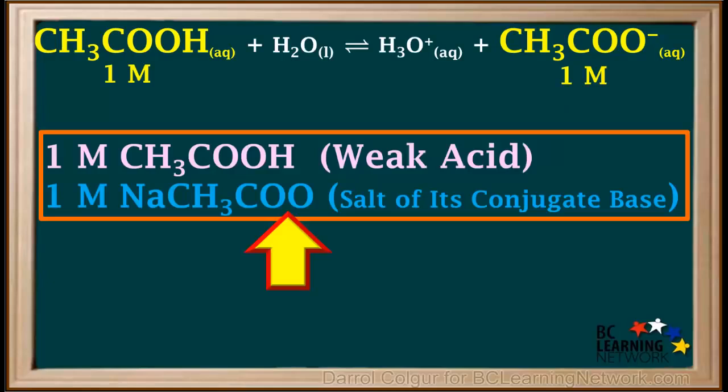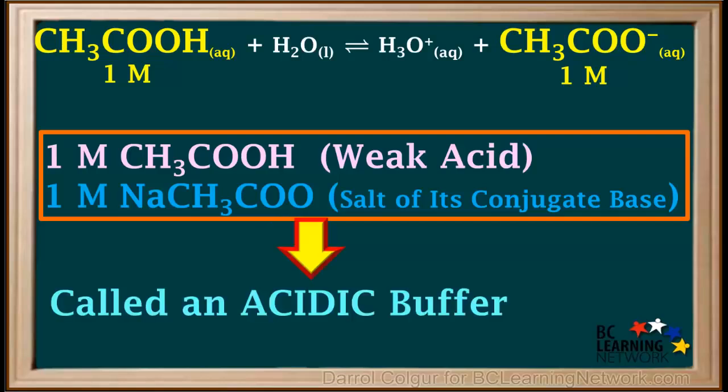This buffer is prepared using the weak acid CH3COOH and a salt of its conjugate base, NaCH3COO. Buffers prepared using a weak acid and a salt of its conjugate base are often called acidic buffers, like this one. This is true only for combinations that produce a pH below 7.